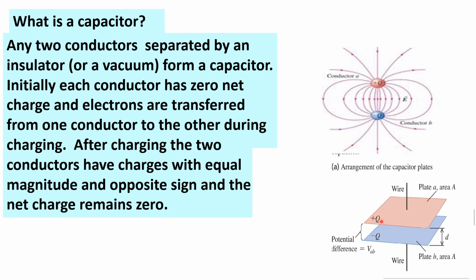So for instance, this particular parallel plate will become positively charged, denoted by capital plus Q. And the other plate will of course become negatively charged, denoted by negative capital Q.